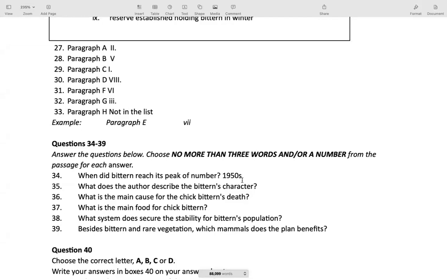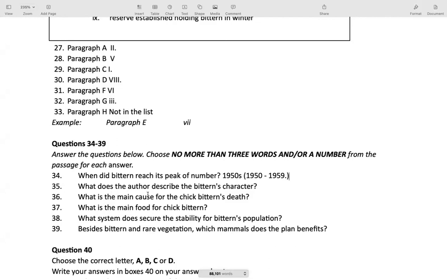From 1950 to 1959. 1950s means between these years, 1950 to 1959. Is it clear? 1950s: 50, 51, 52, 53, these are all 50s. So it should have been 1950s, no apostrophe. That changes the meaning.